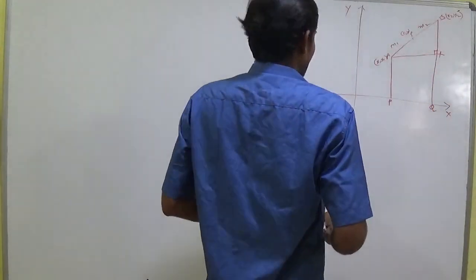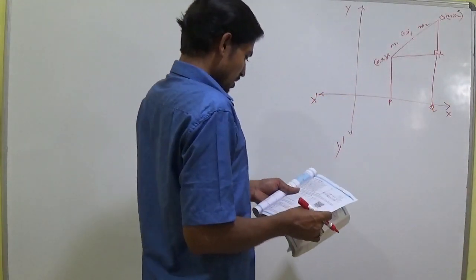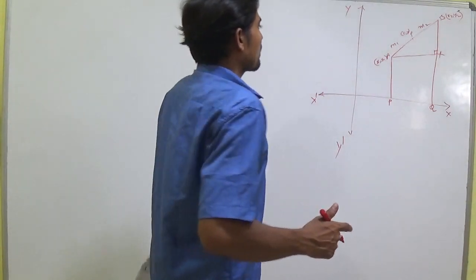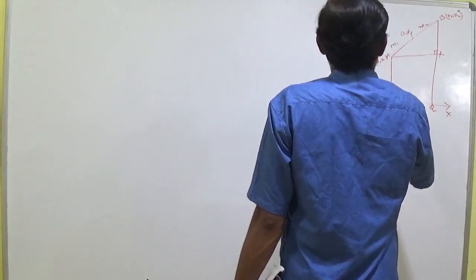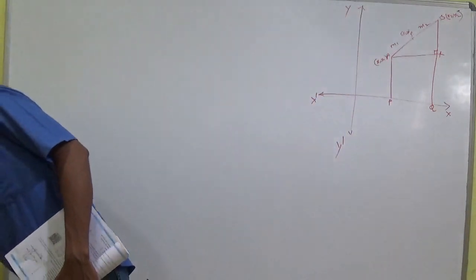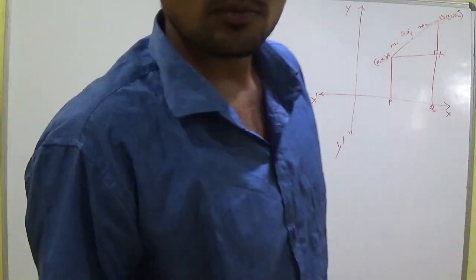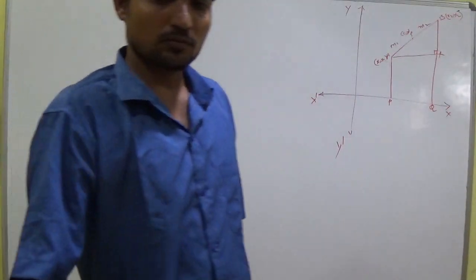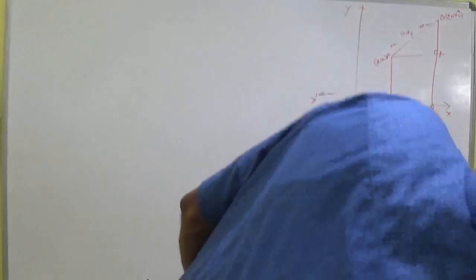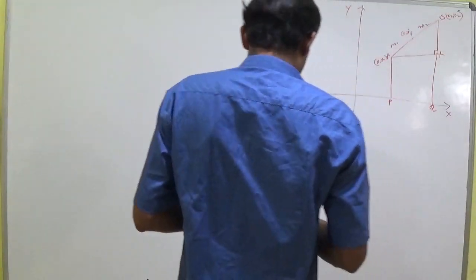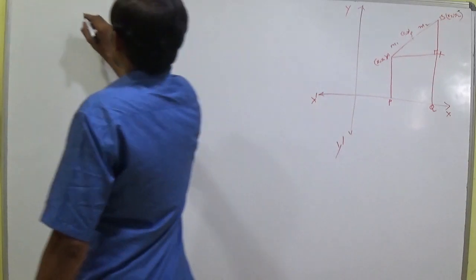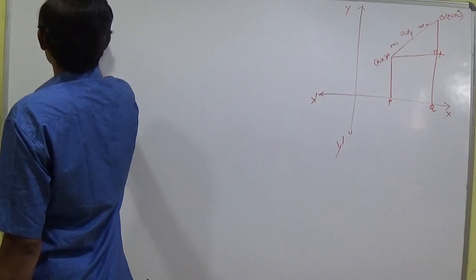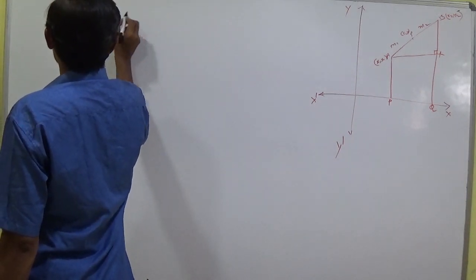Now let us find the ratio. Here AP by BP is equal to m1 by m2.